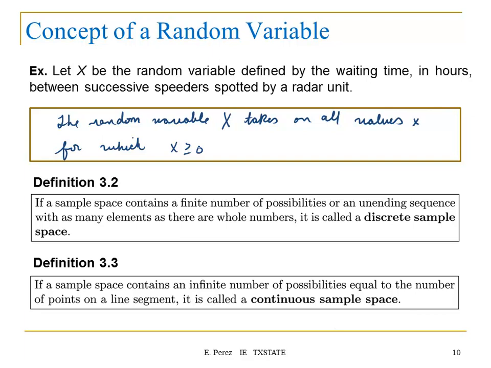So you can count them, you can list them, and so on. Now, if the sample space contains an infinite number of possibilities equal to the number of points on a line segment, that is called a continuous sample space. Continuous random variable. Okay, two very important definitions.